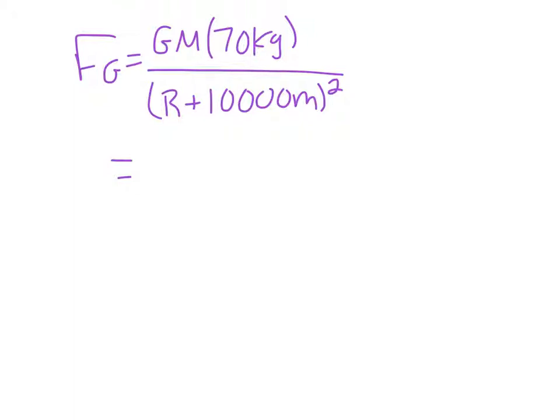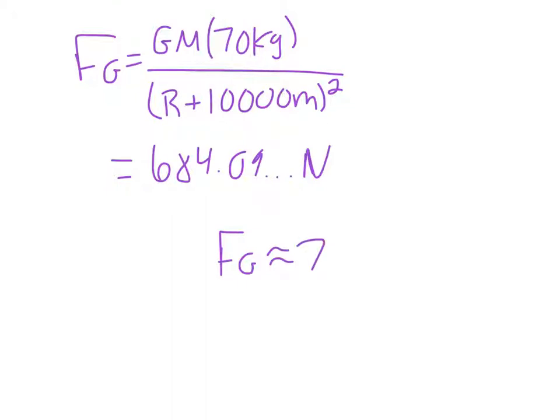And we should get 684.09, keeps on going. Remember, these units will reduce to newtons. Only one sig fig. So the force of gravitational attraction between the student in the plane and the center of the Earth is approximately 700 newtons.